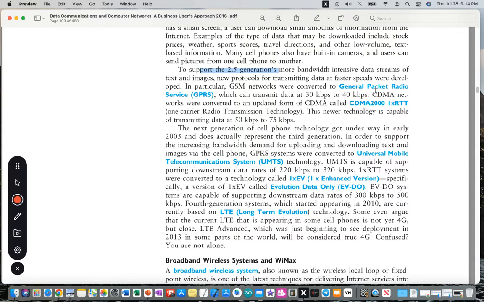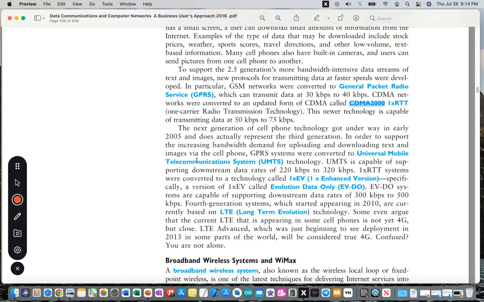Then the 2.5 generation supported something called GPRS, which adds complexity and speed. Then we have the third generation, CDMA 2000.